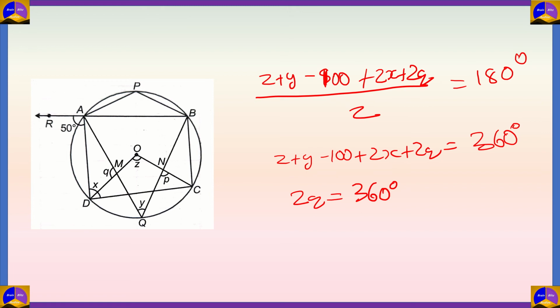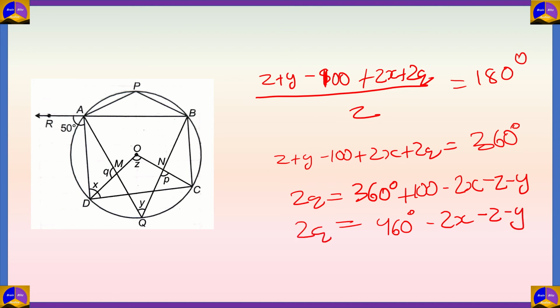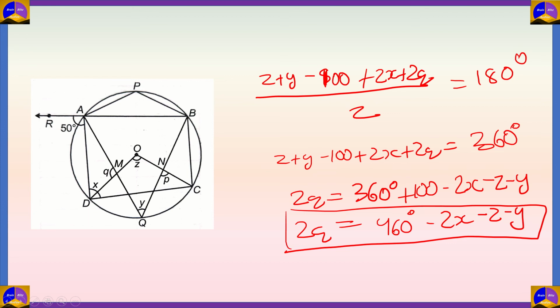Now if we take 100 to the other side, we get plus 100, and minus 2X minus Z minus Y as the value of 2Q. Now 360 plus 100 is 460 minus 2X minus Z minus Y is equal to 2Q. So this is an important thing to consider.